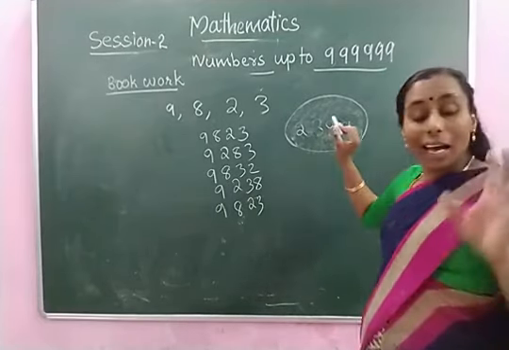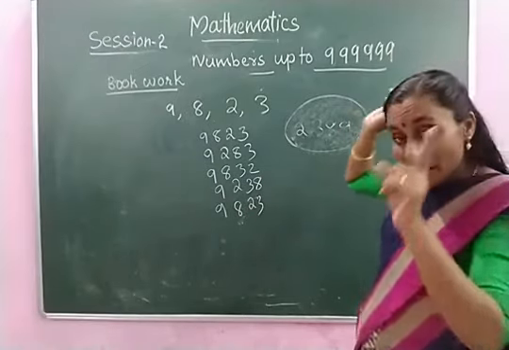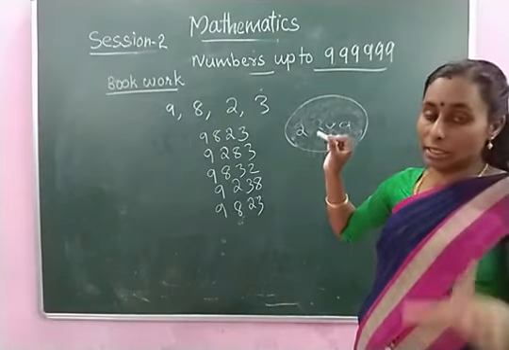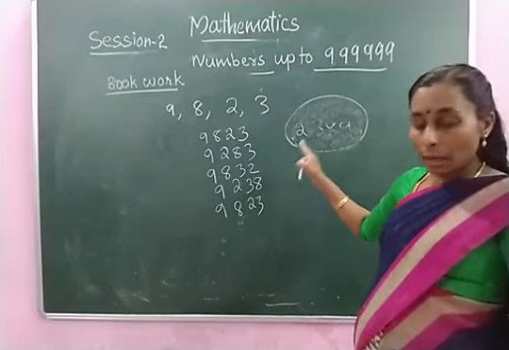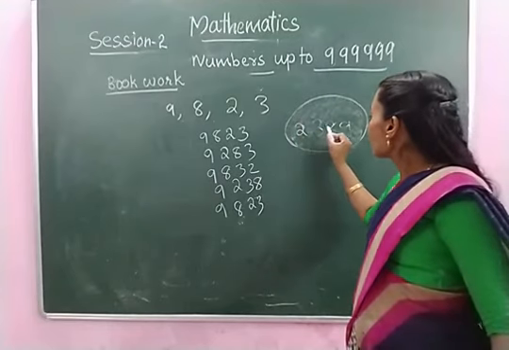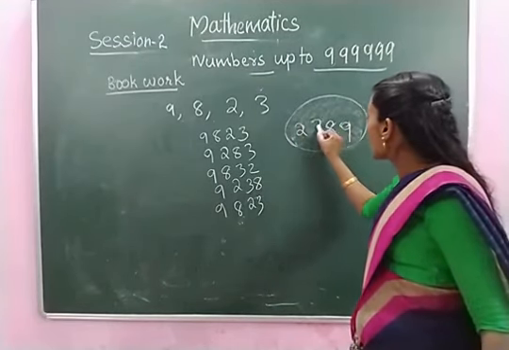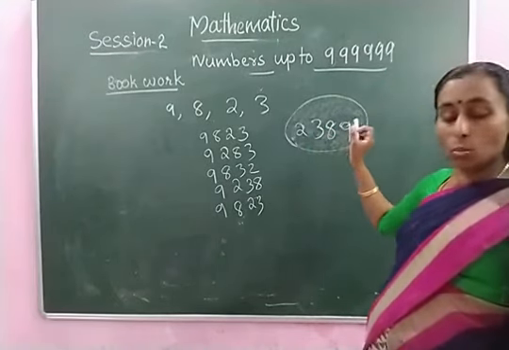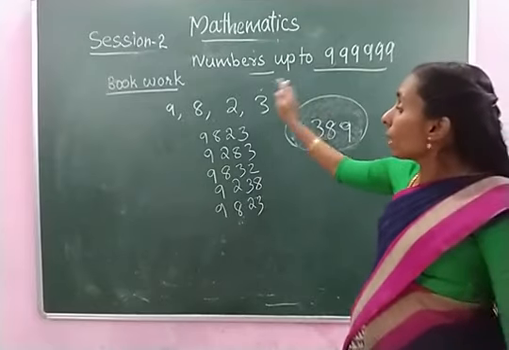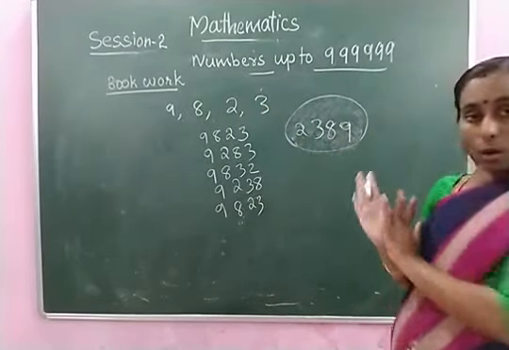In between I have not placed a comma because it is one number, a 4-digit number. I have arranged these numbers in ascending order. Then I have got the smallest 4-digit number by using only these digits.